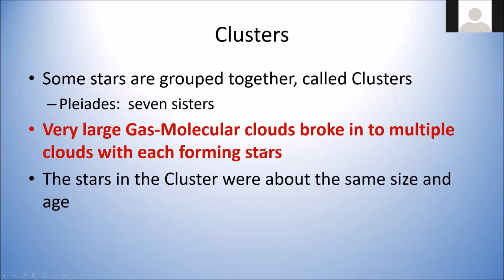So you might have a cloud that breaks into quarters, and all 4 pieces will become stars. So the stars in each cluster are about the same size and age. They don't understand why that happens, but that's what they believe is going on.